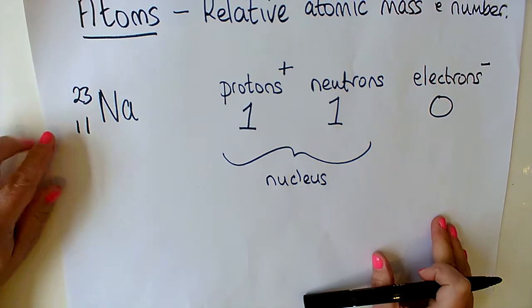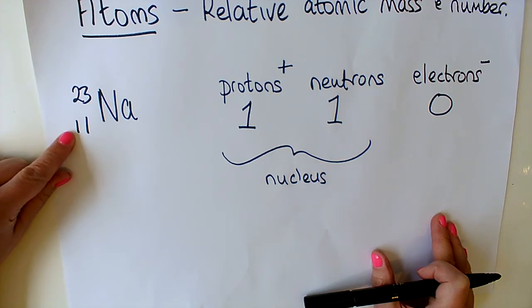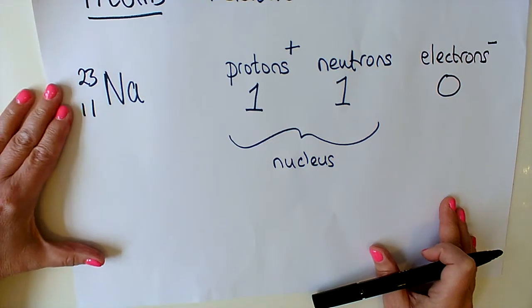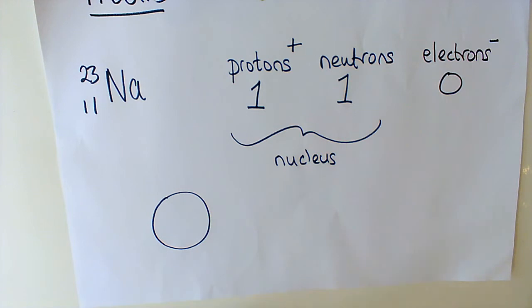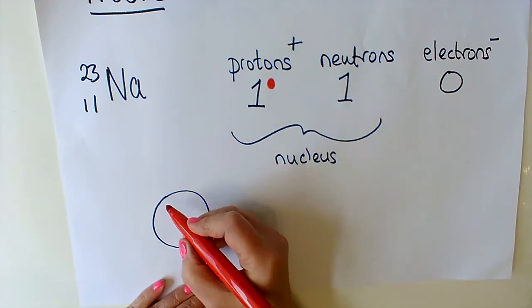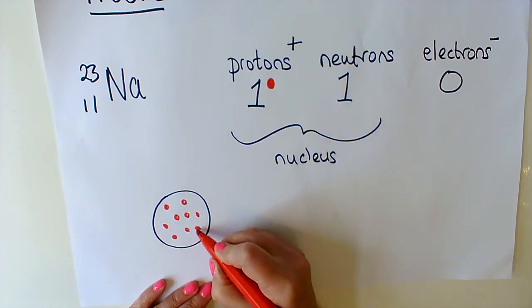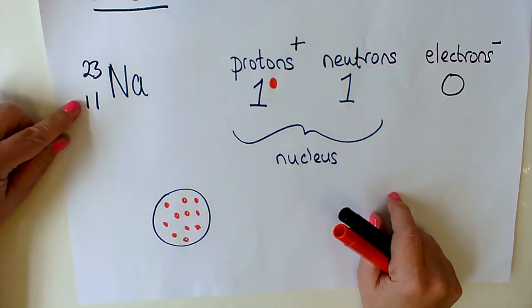If we look at sodium, this number here is the number of protons in the nucleus. If I was to draw the nucleus of sodium, I'm going to show my protons as red. I have 1, 2, 3, 4, 5, 6, 7, 8, 9, 10, 11 protons in the nucleus of sodium. The rest of the mass is made up of the neutrons.